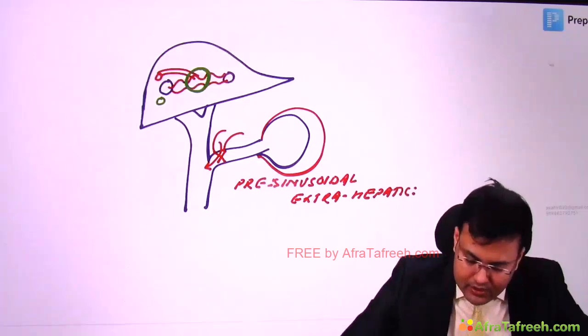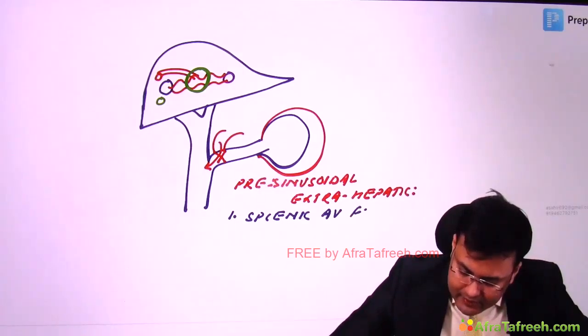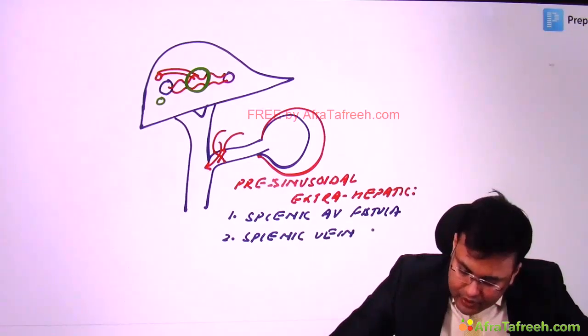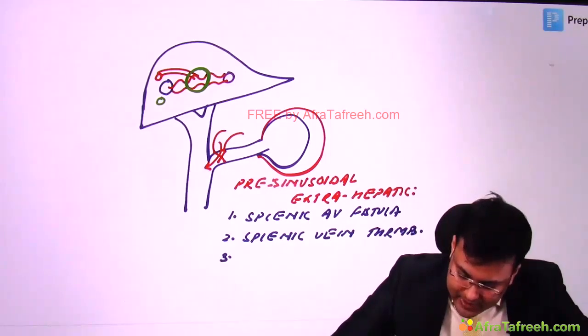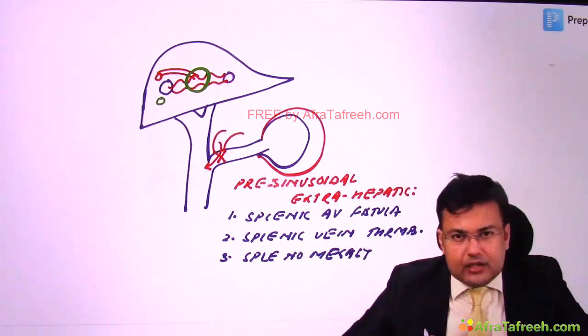So this includes first splenic AV fistula, second splenic vein thrombosis, and splenomegaly. Clear? Now see another cause.